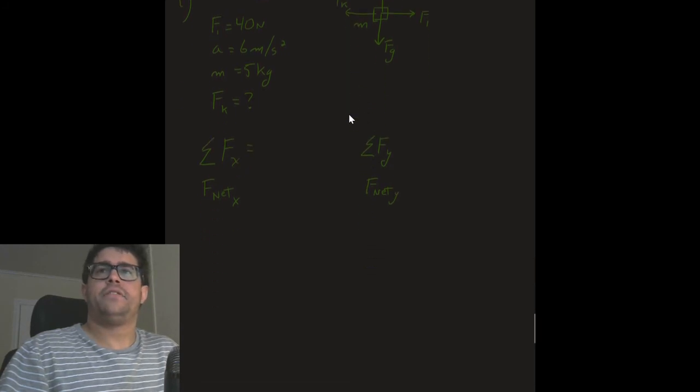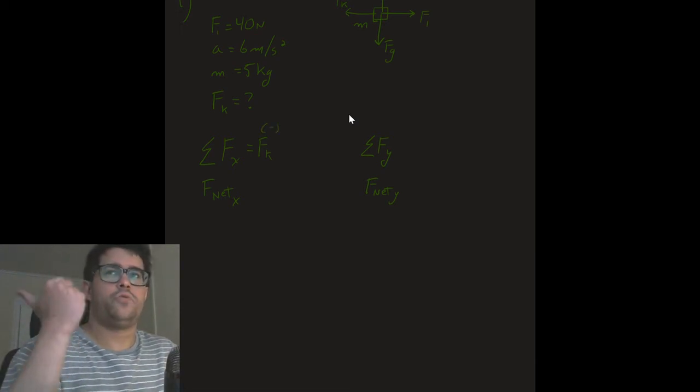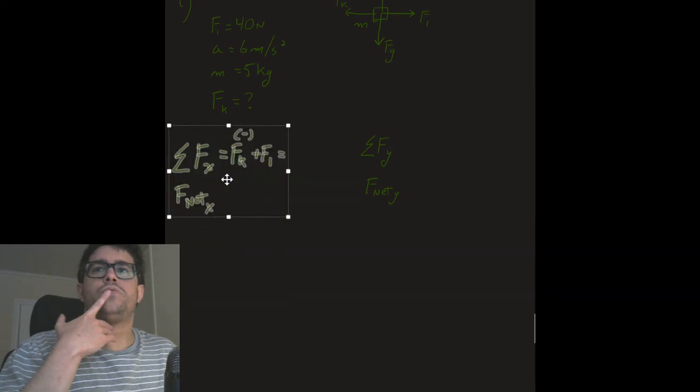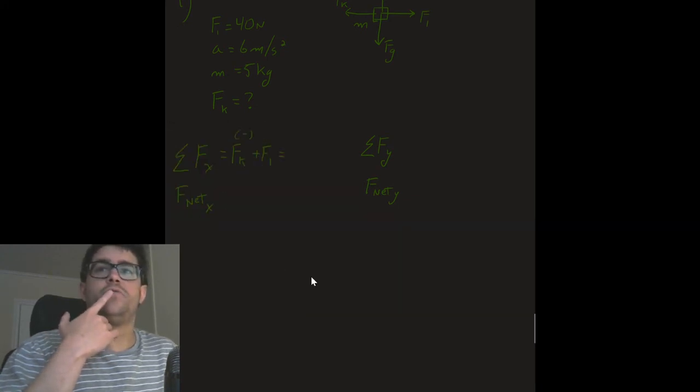Sum of X is going to be, so what are the forces in X? Fk, which, by the way, we should note here that it's going to be a negative Fk because it's going left. What else do we have in the x-axis? We have the F1. Okay, and all of this is going to be equal to what? Is it going to be equal to 0?